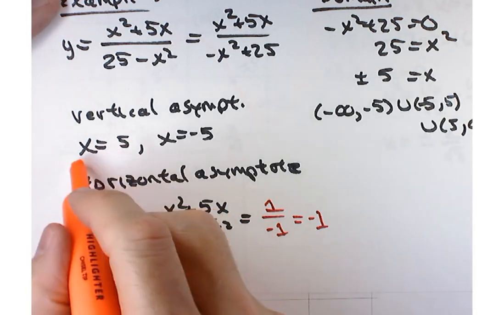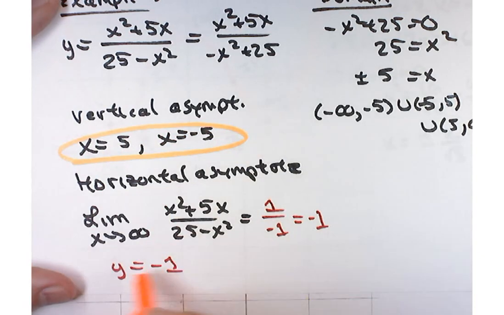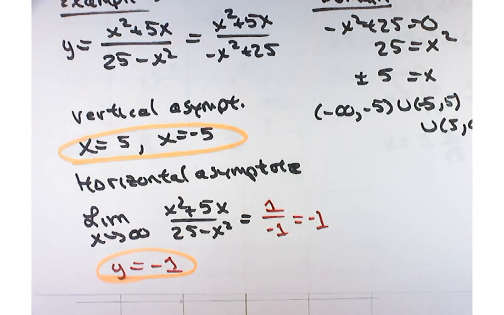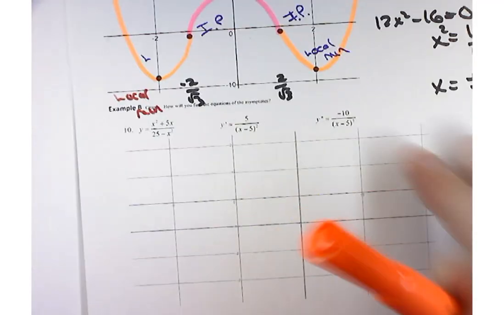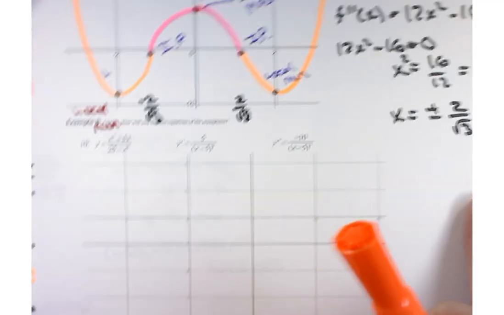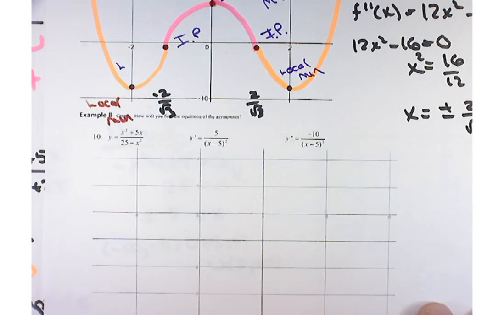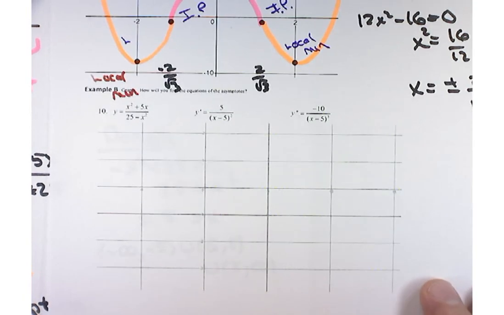So here's our horizontal asymptote, here's our vertical asymptotes. And I think that's on our graph. Yeah, right here. So we can put in y equals -1.